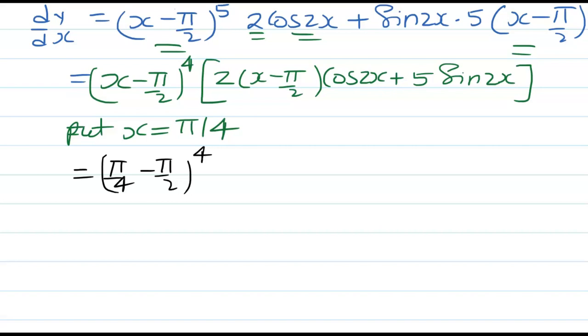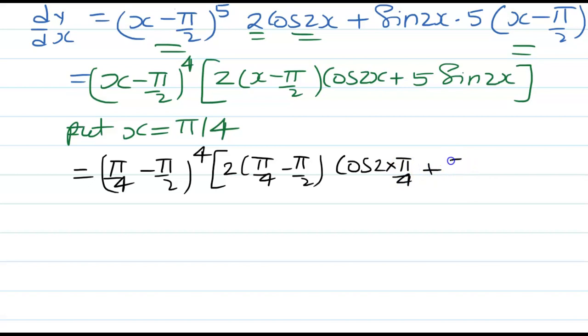And here it will be 2 times (pi over 4 minus pi over 2), and this will be cos 2x with x as pi over 4, plus 5 sine 2 times pi over 4.